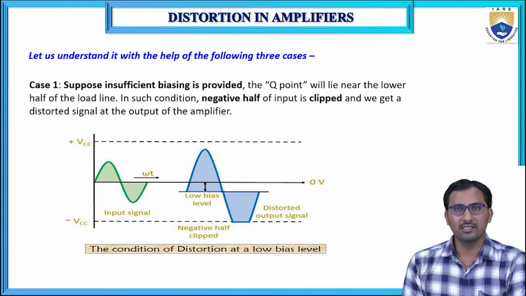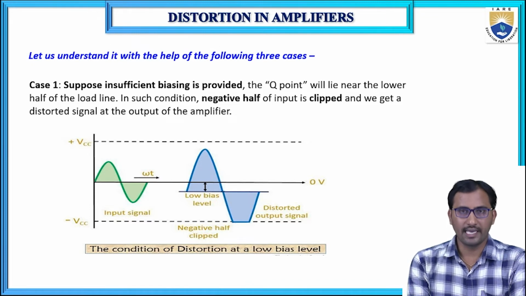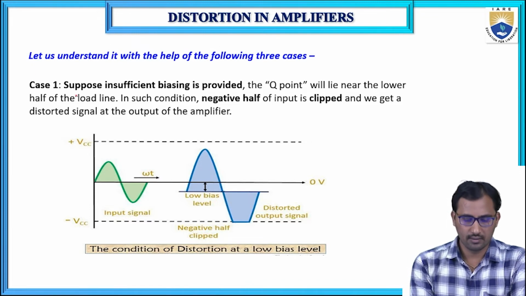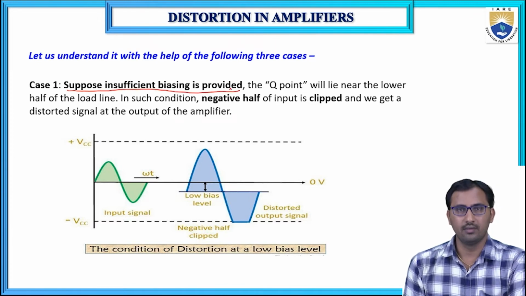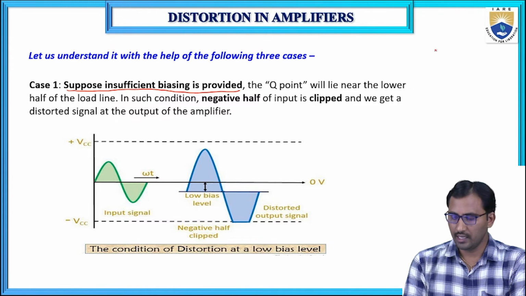So let us understand the distortion by using different cases. The first case, case 1: suppose insufficient biasing is provided. If insufficient biasing is provided, the Q point will be shifted down. The Q point will be near the lower half of the load line. Generally the load line will be here.